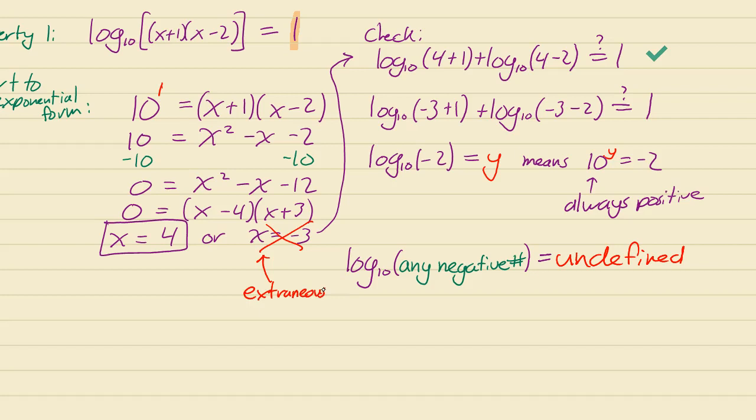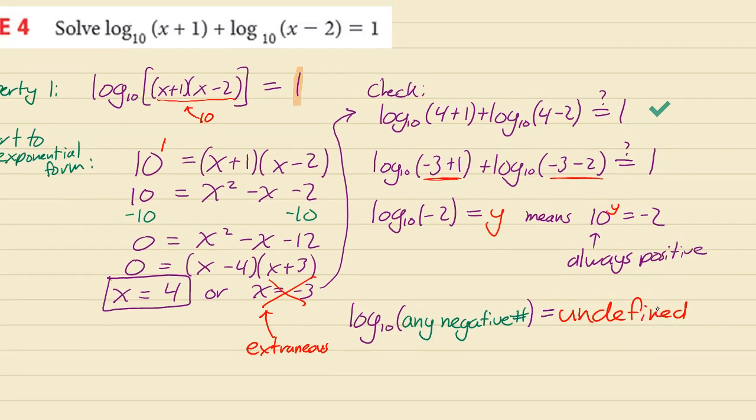The reason you get an extraneous solution here is that even though log of negative 2 is undefined and log of negative 5 is undefined, when you multiply them together you end up with negative 2 times negative 5, which is actually 10, and log base 10 of 10 is equal to 1. So it works.